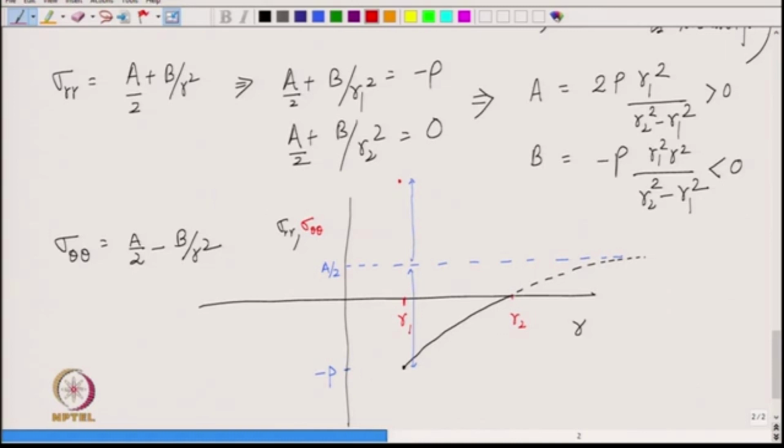Okay. Likewise, even for this point here, it is somewhere over here, and you add them, and after this it has to reach A by 2 asymptotically. Okay. So, basically this is how sigma theta theta and sigma r r vary within the cylinder.